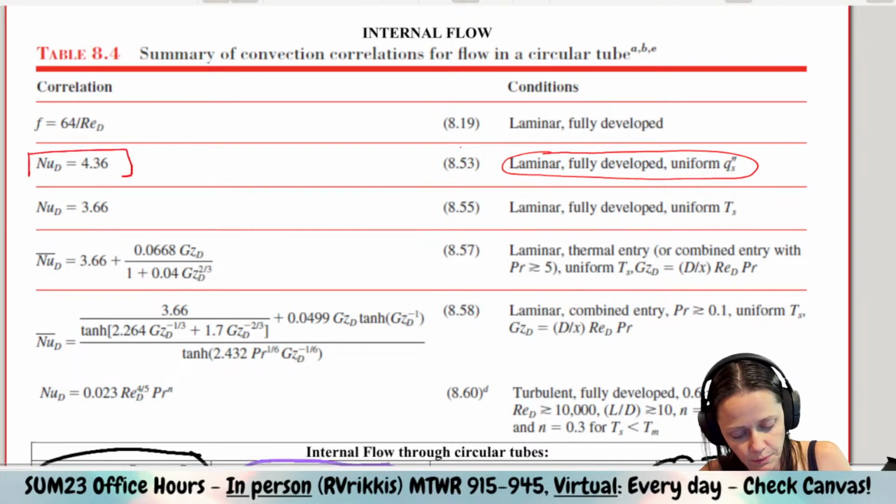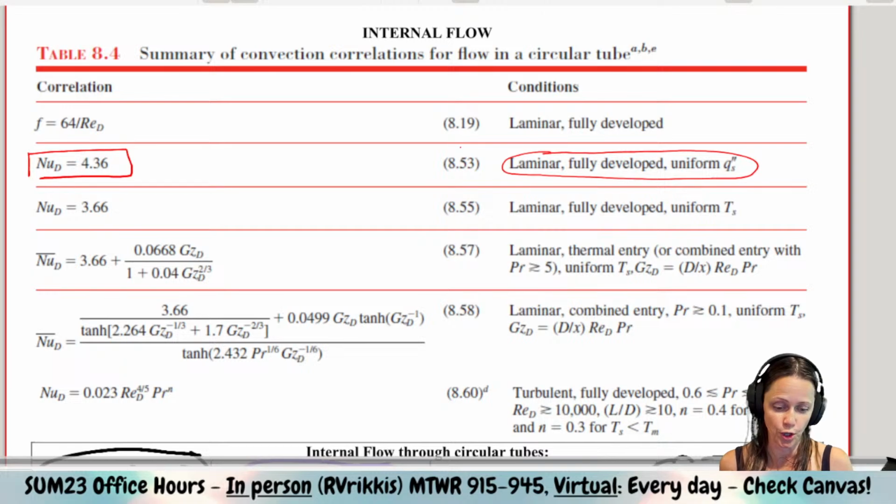If you recall from the video that talked about these empirical relationships, there's no deriving those relationships. They're all empirically, experimentally put together. So you're not mathematically trying to derive that from energy balances or anything like that. You just have to look at the conditions that apply when you use them. So our Nusselt number is 4.36.